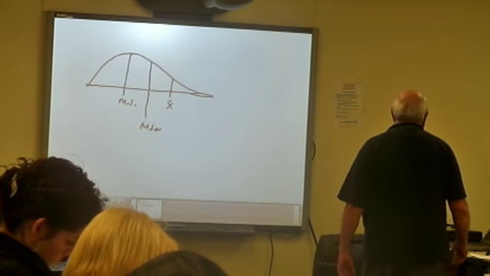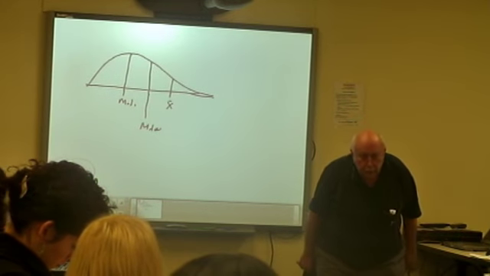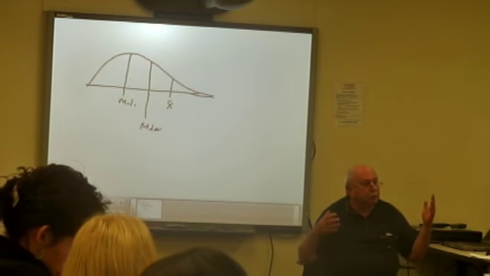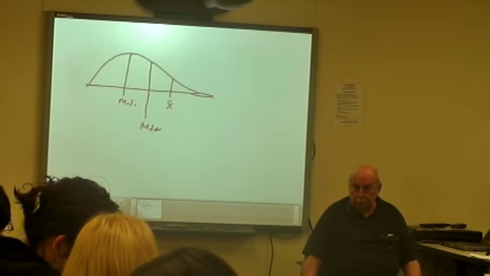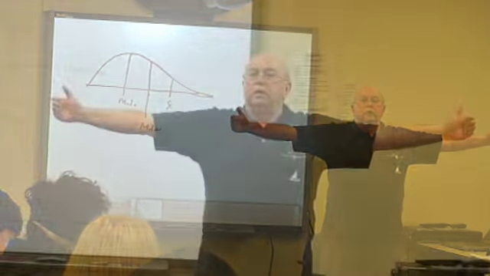Now, depending on the measure of central tendency, you have to have some way of describing the amount of individual differences or the amount of dispersion in a curve. In other words, how do I talk about the spread of the curve?